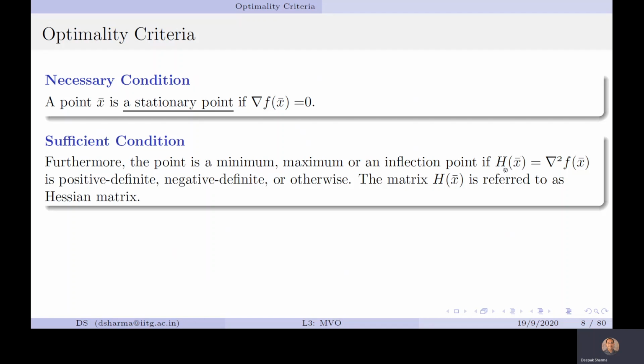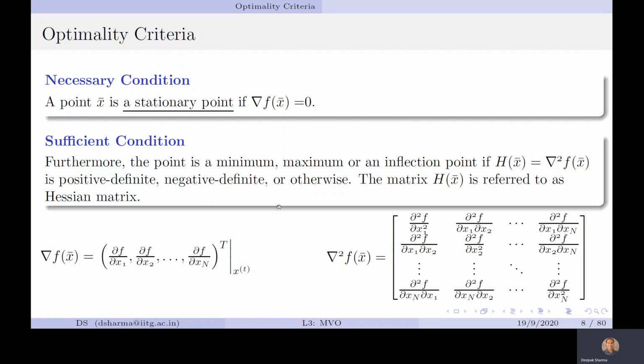So this term H we are representing because H will be referred to as a Hessian matrix. So if the Hessian matrix is positive definite, negative definite, or otherwise. As I mentioned earlier, our objective function is always a scalar function.